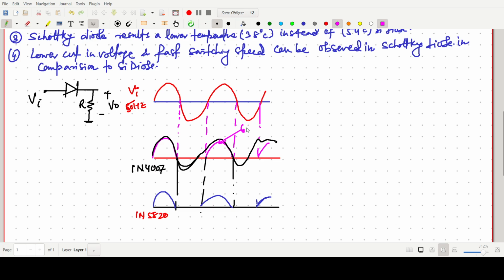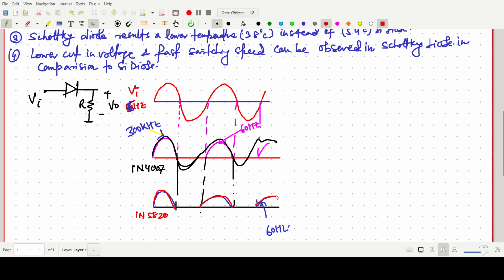So we have observed two frequency responses. The blue one is for 60 hertz, or 50 hertz, anything you can take.